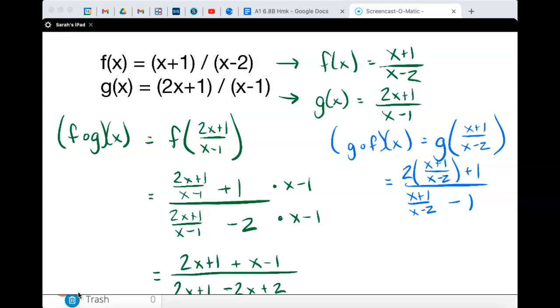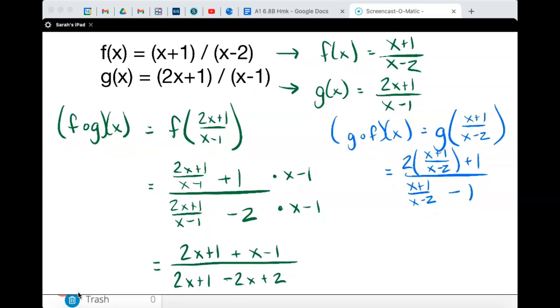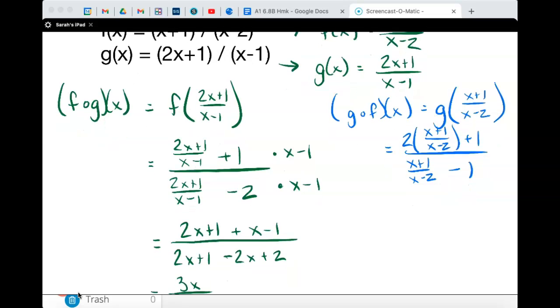I guess before I cancel out the denominators like we started, I would distribute that too, so I wouldn't have parentheses first. So it won't mess me up later. When you have the 2 in front, write it as 2 over 1, so you just multiply the 2 to the numerator. So 2x plus 2 over x minus 2.